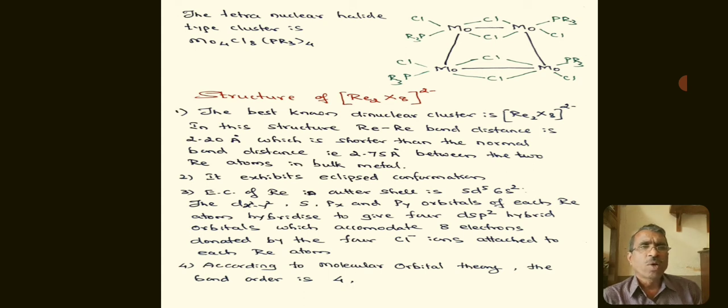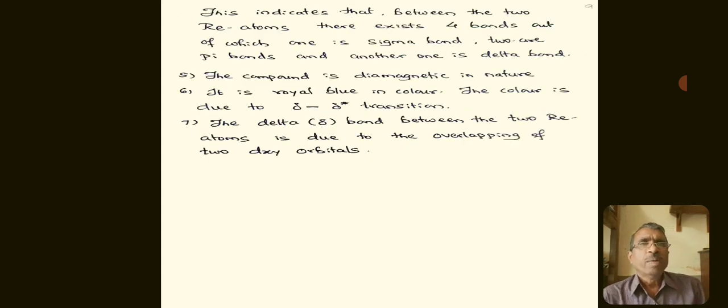According to molecular orbital theory, the bond order is 4. This indicates between the two rhenium atoms there exist 4 bonds, out of which one is sigma bond, 2 are pi bonds, and another one is delta bond.